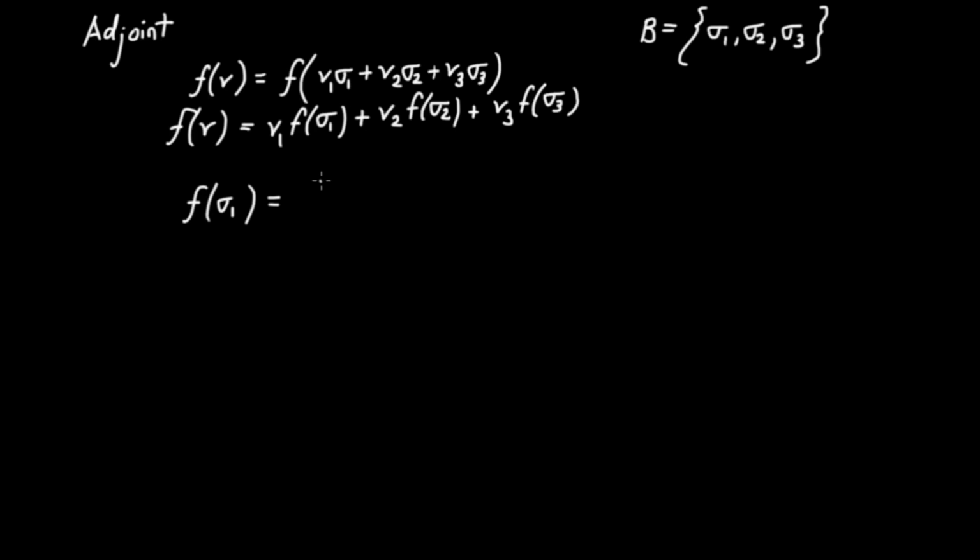This would be f11 of sigma 1 plus the second component of f acting upon sigma 1, sigma 2. Then the third component of f acting upon sigma 1, sigma 3.